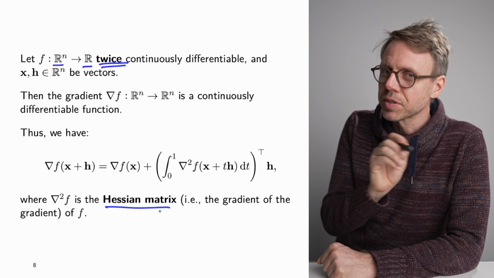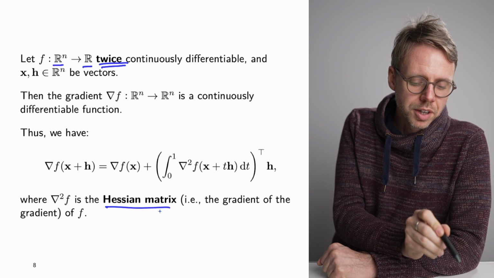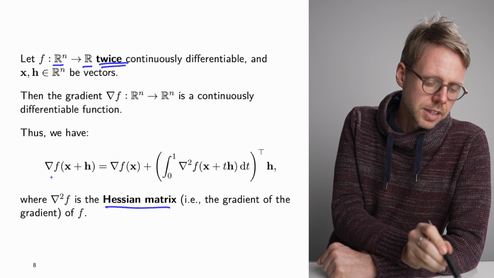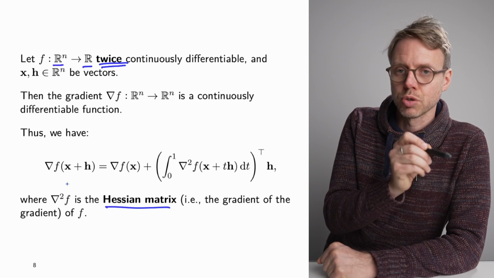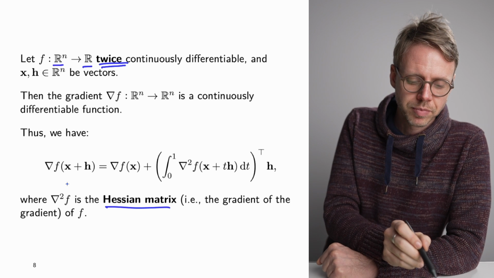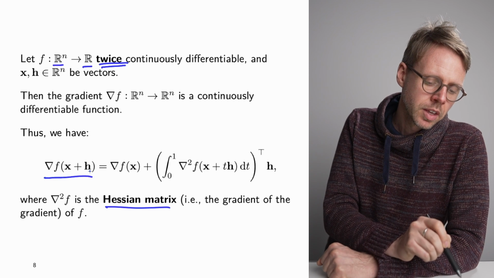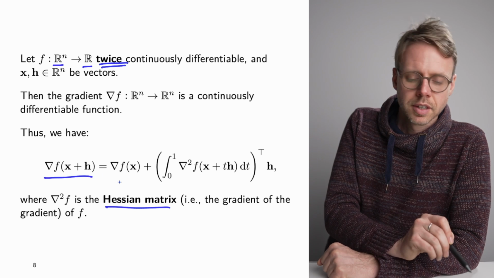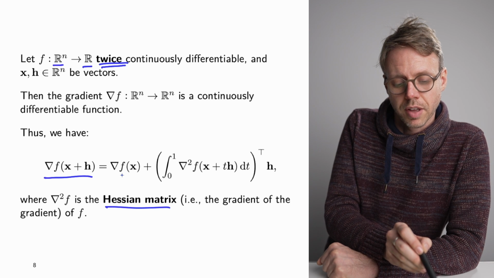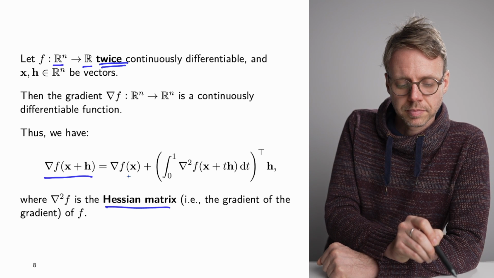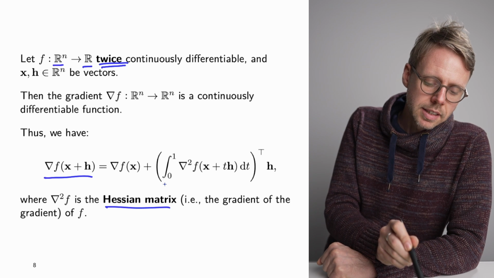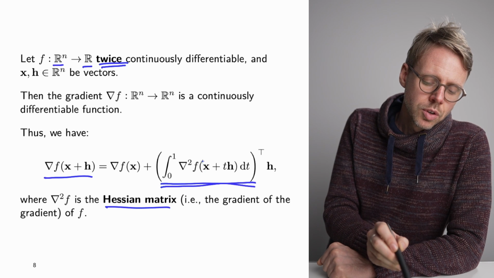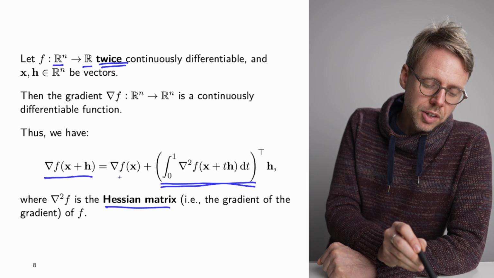Then we can apply what we just saw in order to compute the difference in the gradient at 2 points x and x plus h. Or equivalently, we can say that the gradient of f at x plus h equals the gradient of f at the point x plus the same integral that we had before over the gradient of this gradient.